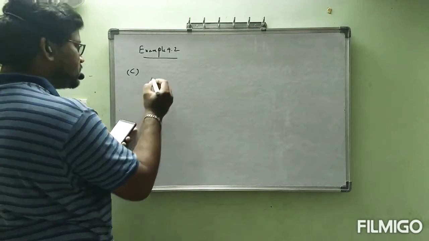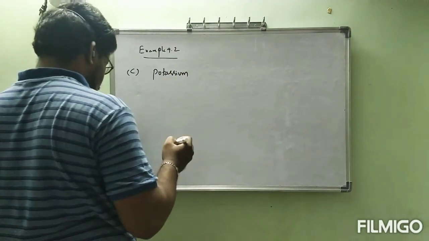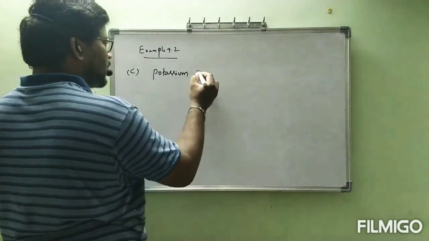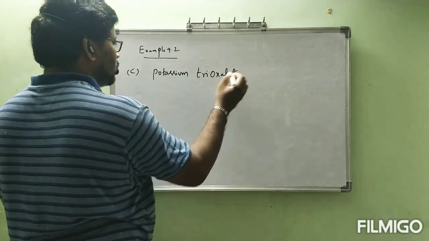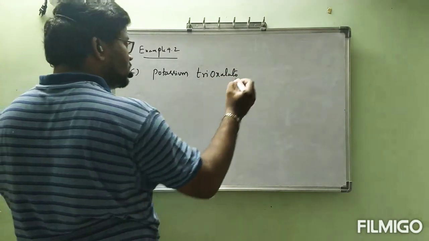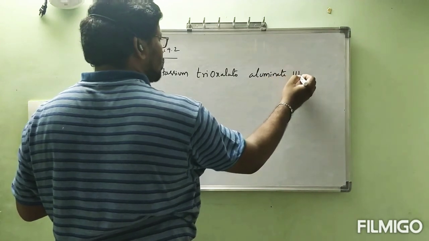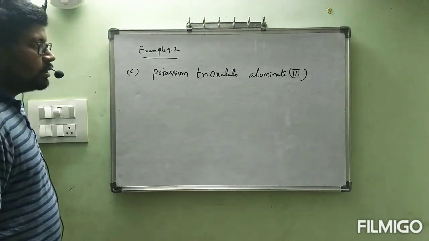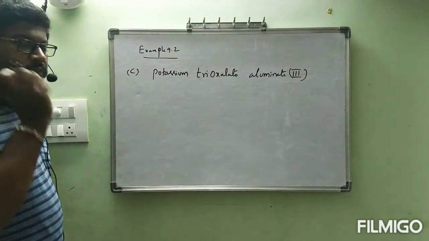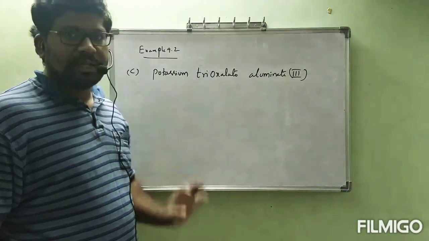Name of the compound is potassium trioxalato aluminate 3. See this compound carefully. Potassium trioxalato aluminate 3 they give.